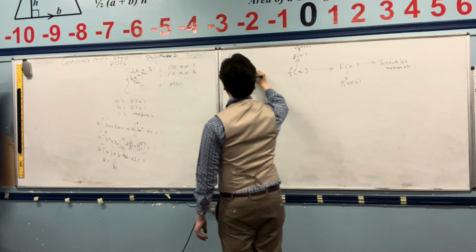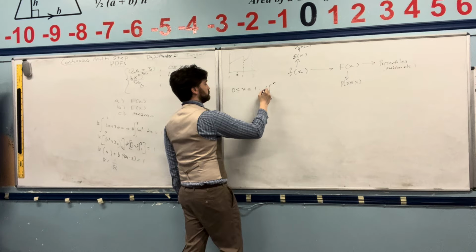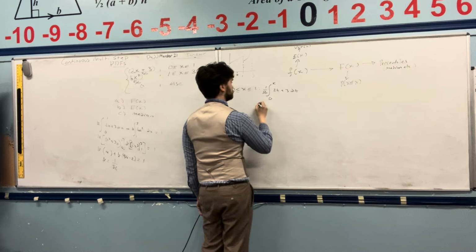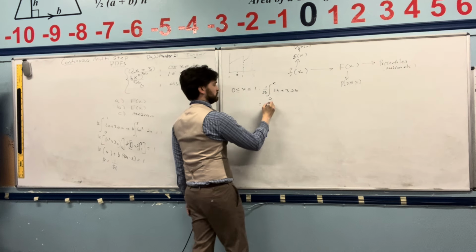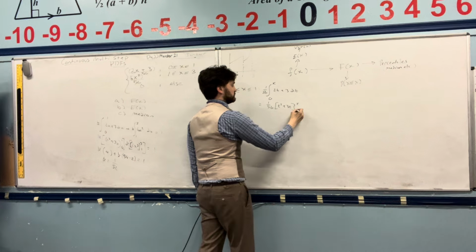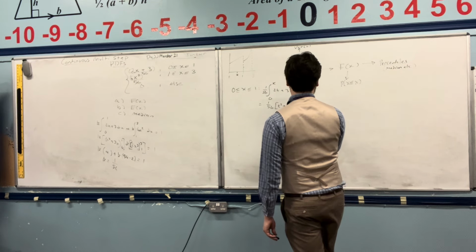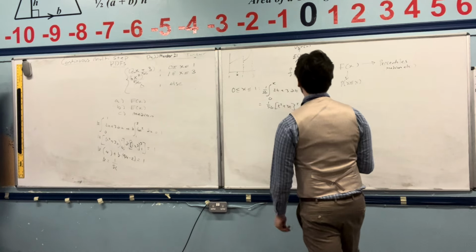Right then, so if our area is in this first region, it would be the integral from our lower bound, 0, to x of the function it's under, which is 2t plus 3, so 1 over 56 times 2t plus 3 dt. So this would be 1 over 56 times t squared plus 3t evaluated between x and 0, so this would be x squared plus 3x over 56, and that's our first part.